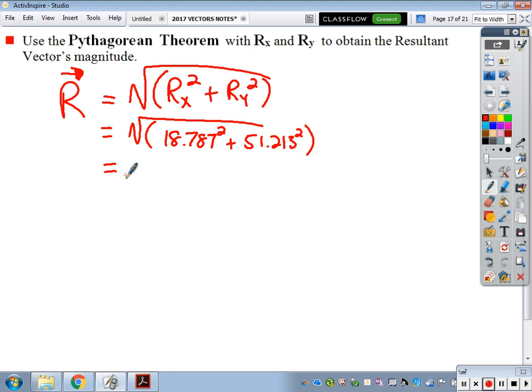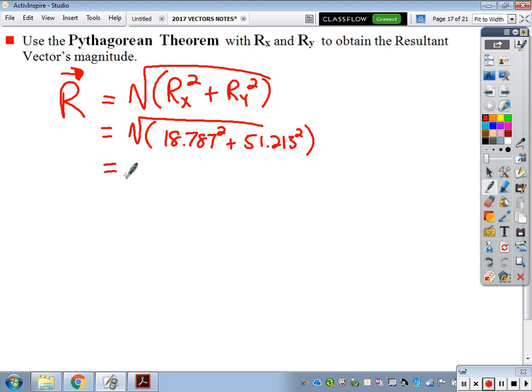Plug that into your calculator exactly as you see it: square root, open parenthesis, 18.787 squared plus 51.213 squared, close parenthesis, enter. I want you to get into the habit, for those of you that try to do things in chunks, to have some faith in yourself and plug it in one string. It is going to reduce the amount of errors that we can make.